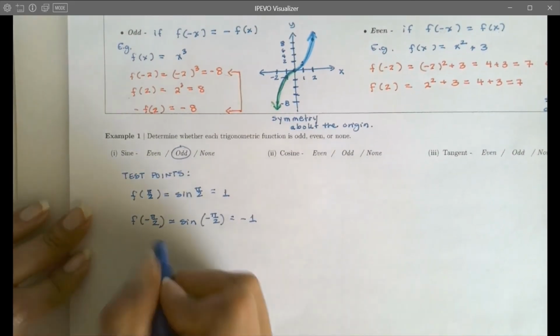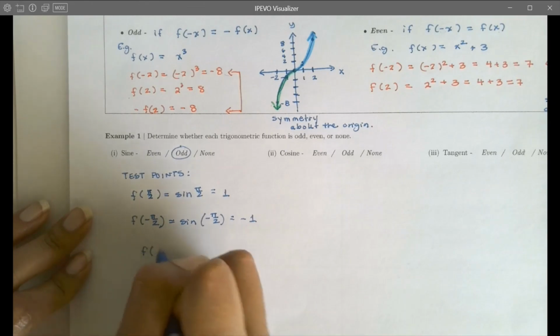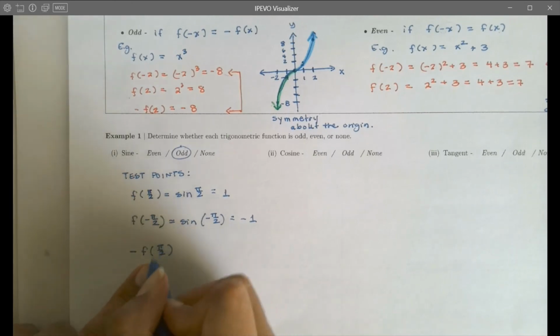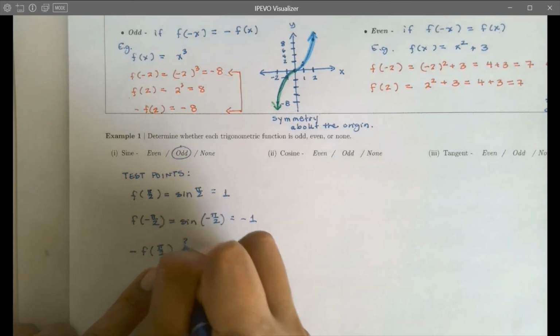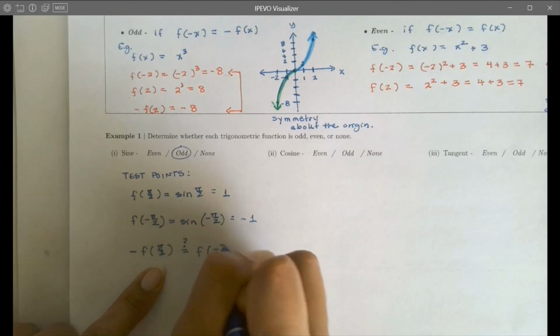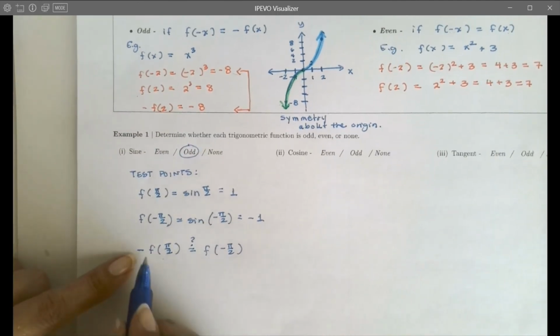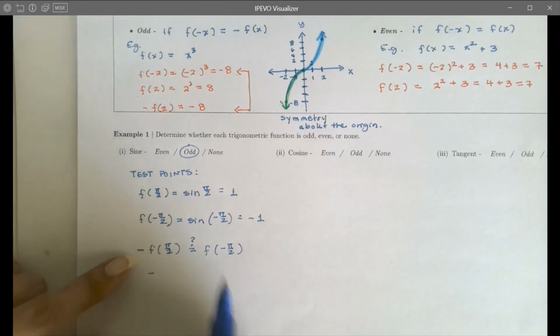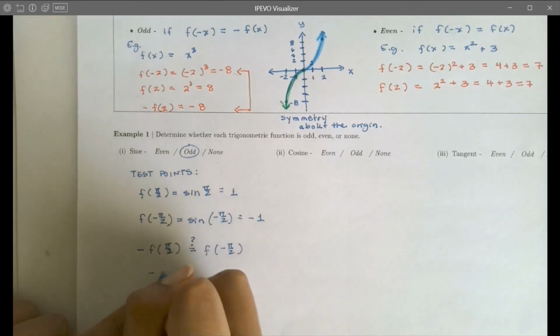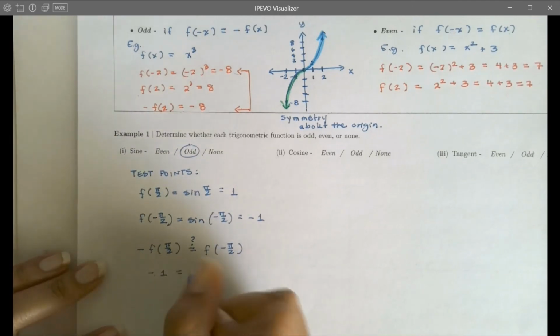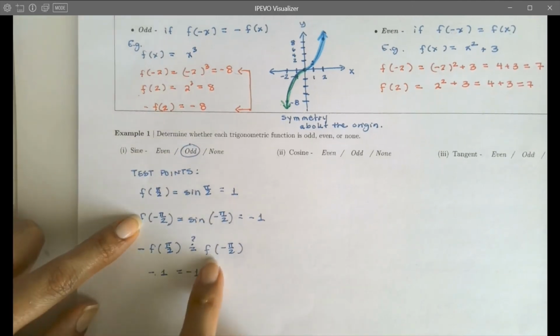What we need to check then is, is it true that if I take negative of f of pi over 2, that is equal to f of negative pi over 2? Are those two going to be equal? Well, here we're going to get a negative 1 times 1, and that is equal to negative 1 for f of negative pi over 2.